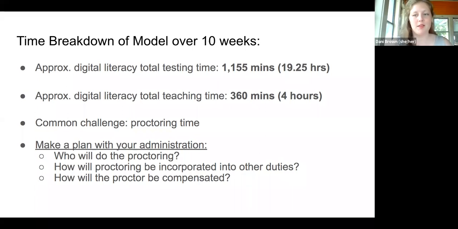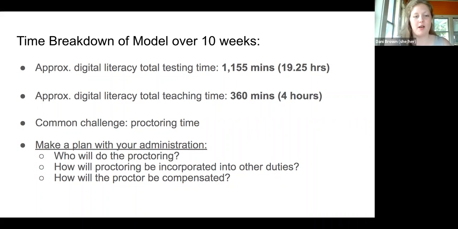So luckily I was able to be flexible, but we had a couple of questions that we addressed class by class. And we would recommend that if you take this model and want to move forward with it at your location, that you make a plan with your administration to answer the following questions, which are first, who will do the proctoring? Identify a person. Don't assume that there's 1 or 3 or however many people who can just do proctoring on the fly.